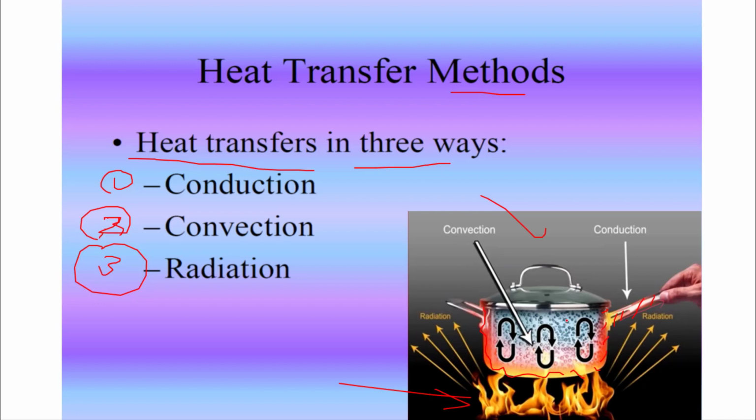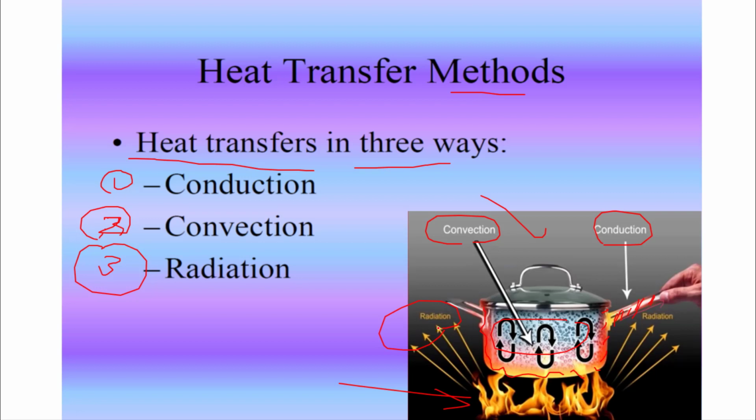Then inside we have water, which is boiling. So you can now notice that in this medium, heat is transferred through conduction, and in this medium we have heat transferred through convection, and here we have heat transferred due to radiation.